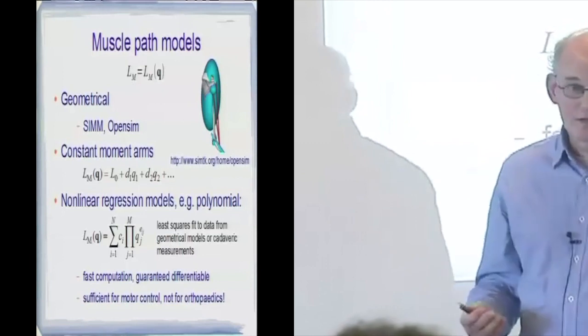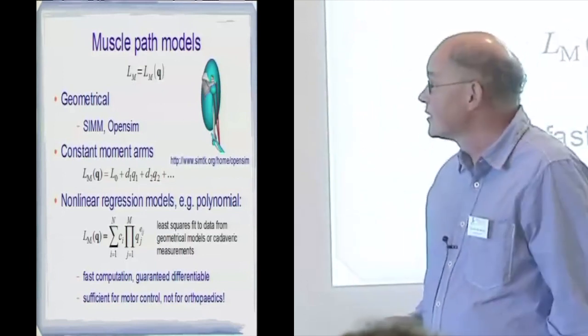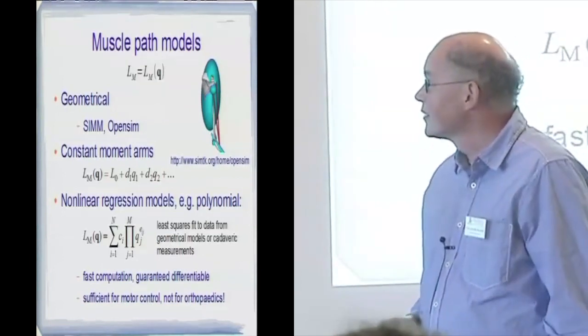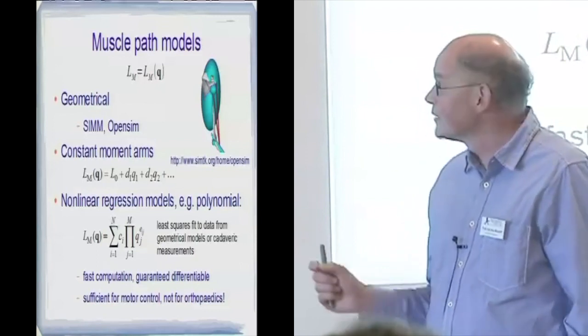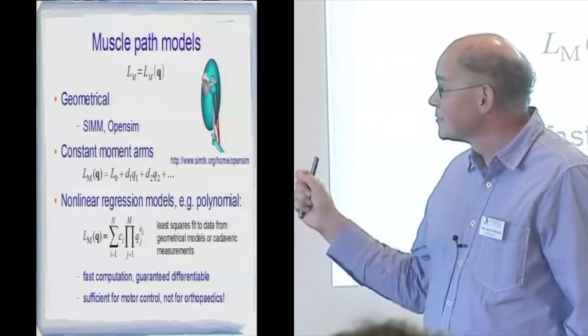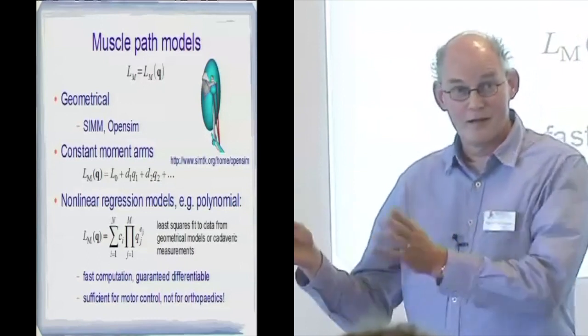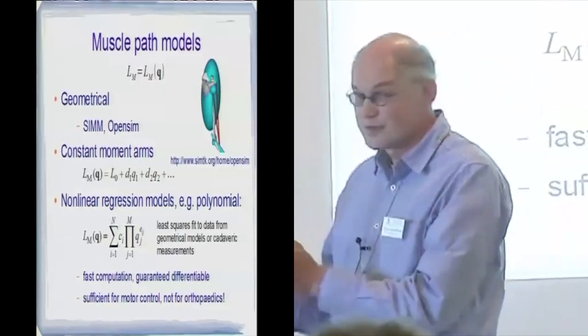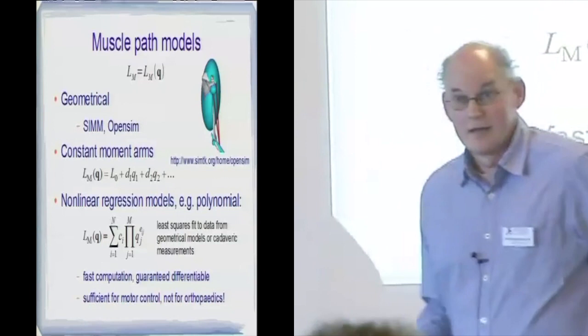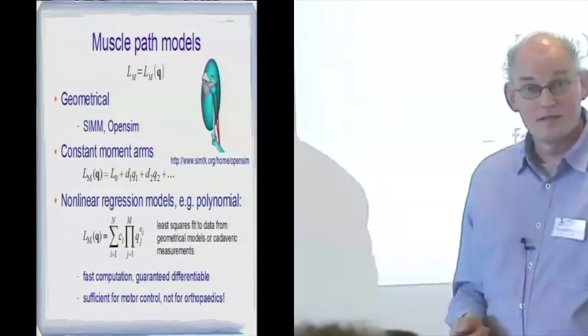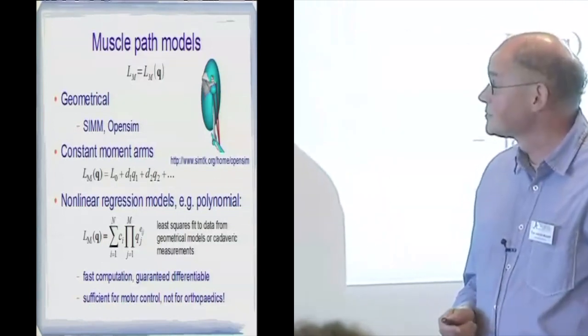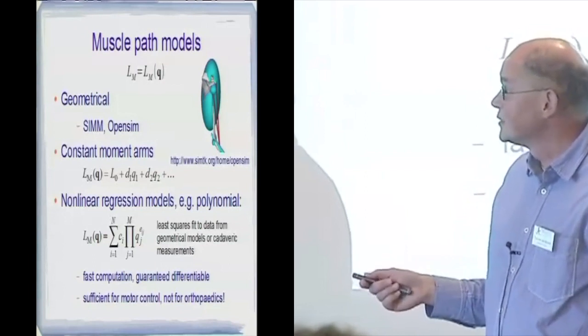And I tend to use models that people have already made, because that's quite a creative process where you have to go on the computer and model this muscle and compare it to anatomy textbooks or MRI or other data just to make sure that it's realistic. So that's one way of doing it.